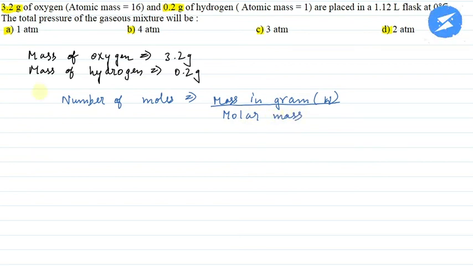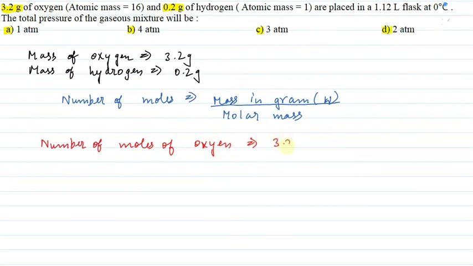So here number of moles of oxygen will be equal to 3.2 gram divided by 16 multiplied by 2, which comes out to be 0.1 mole.